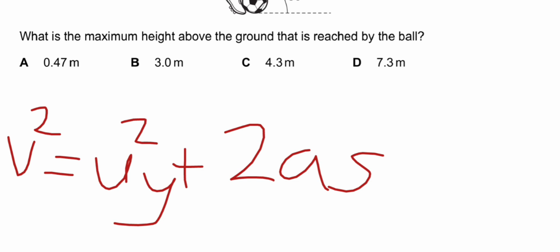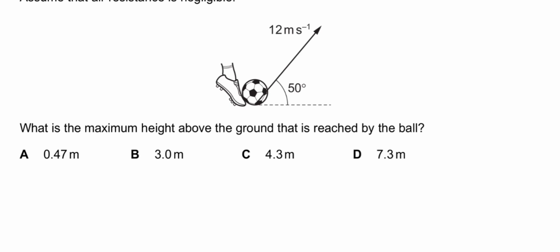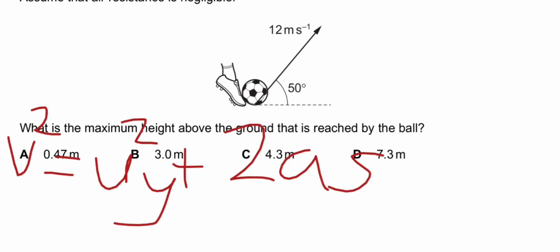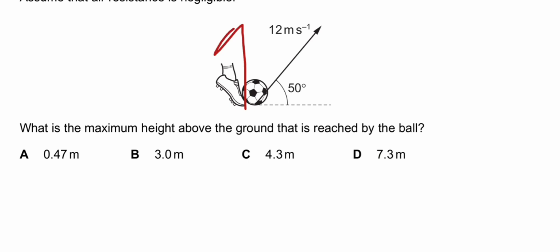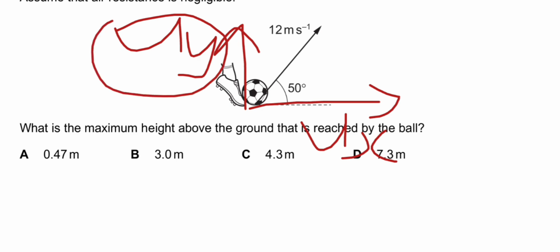From our formula, the component of u is 12, meaning that this value of uy also has to be 12. But it has to be 12 sine 50 because we're taking the component in this direction. If we resolve it into two directions, uy and ux, we then take this one to be our uy.